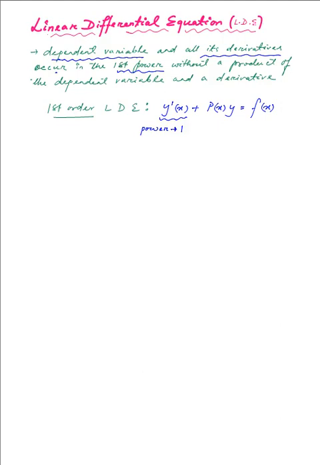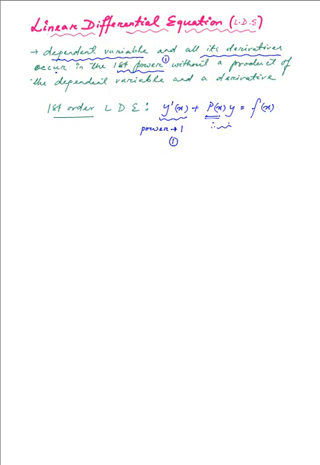Now y is multiplied by p of x for sure, but that is not a derivative term, so the dependent variable is just multiplied by another term which is dependent on x. So this is the first condition that we studied over here, the first power.